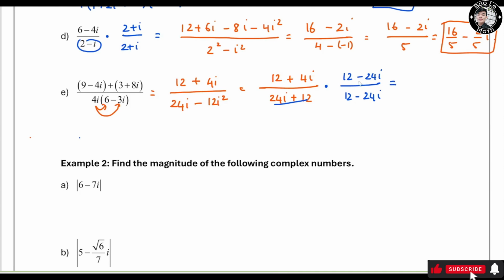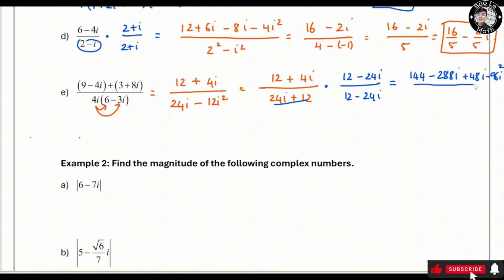Now we distribute the top. 12 times 12 is going to be 144 minus 12 times 24 is going to be -288i, right? 4i times 12 is going to be 48i, and 4i times -24i turns out to be -96i squared, right?